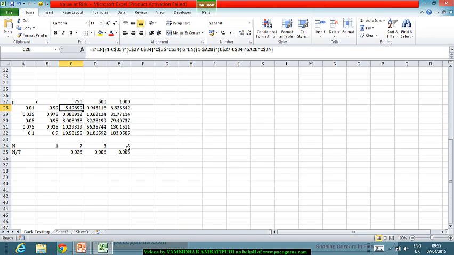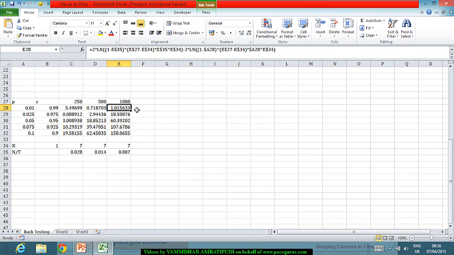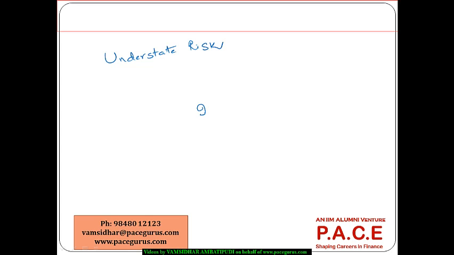Similarly, you could see that as the sample size is increasing, if I am putting the same 7, as the sample size is increased, in some cases it has come down and again it has gone up. So there is no pattern here. But the only thing is the confidence interval shrinks as the size is increased, which means if the data is very high, I should be able to reject an incorrect model very comfortably.